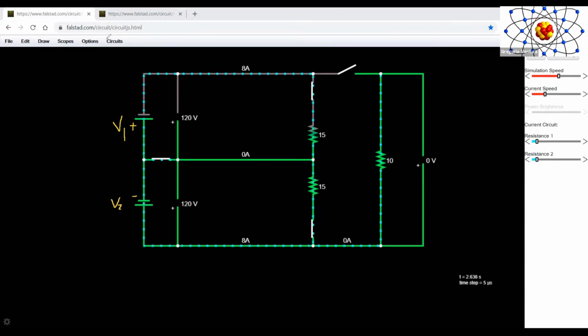By the same token, right in the center here, between the two power sources, we have connected another conductor, which is going to behave as a neutral conductor.